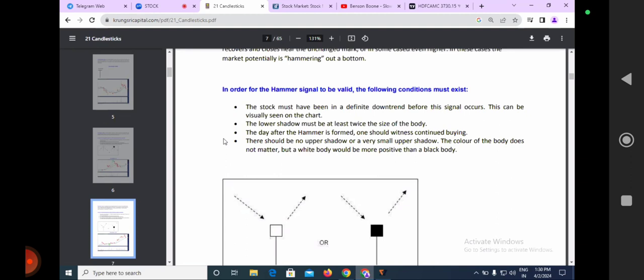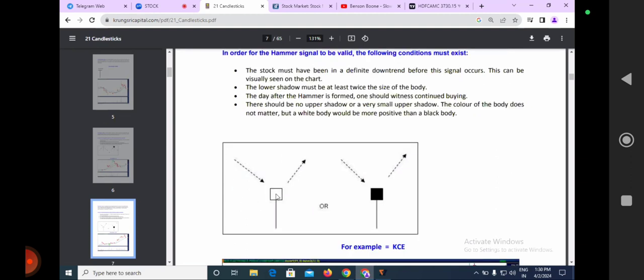Now the second condition is that the lower shadow must be at least twice the size of the body. What does it mean? If you copy this box, you can paste two boxes below it. Just follow my cursor here, my dear friends. This is the body of the candle. If you copy the body, you can paste two body candles in the lower shadow.